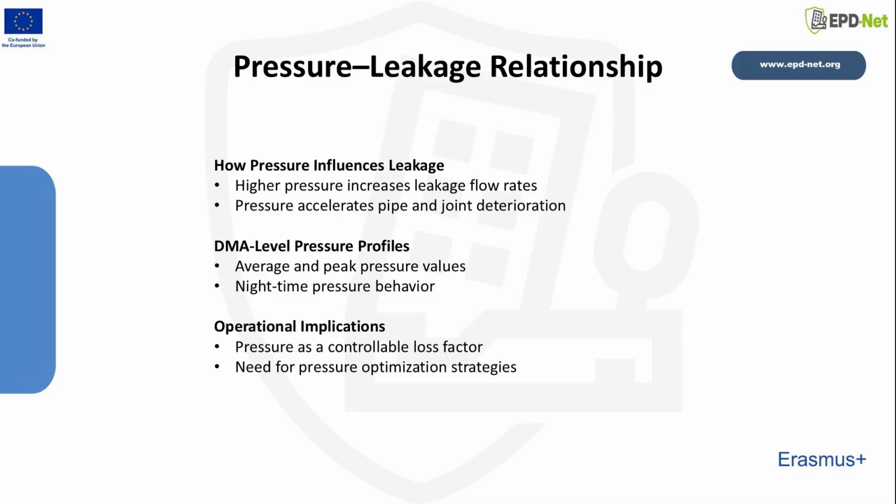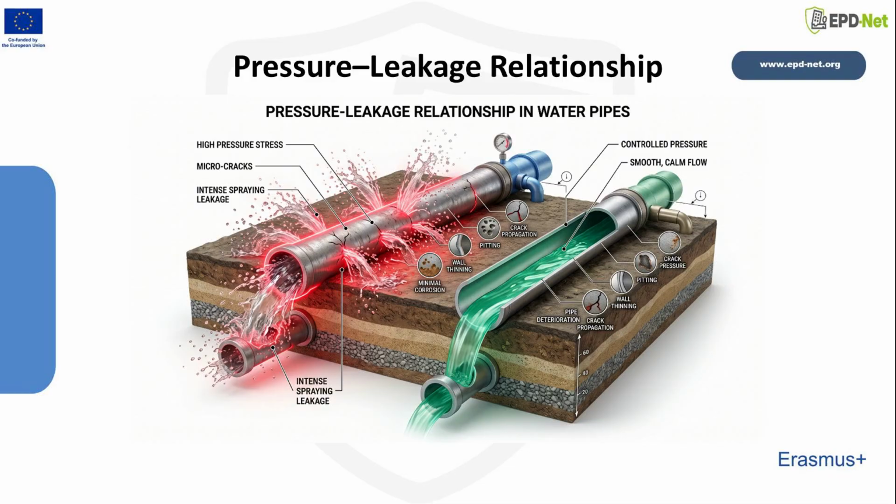Pressure profiles are generated using average, peak, and nighttime pressure values to understand how pressure behaves under different demand conditions. Nighttime pressure is particularly important, as high pressure during low demand periods often correlates with increased leakage. These observations have direct operational implications.